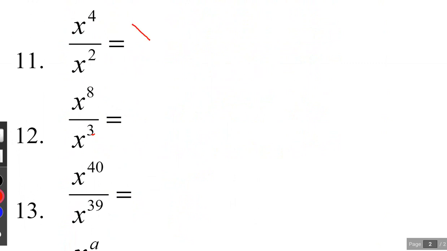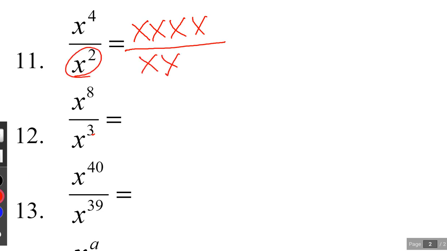X to the fourth means x times x times x times x, 4 times, like we've talked about. There's 2 of them on the bottom being multiplied together. What is anything divided by itself? 1. So that leaves me x to the second. And then x times x times x times x times x.